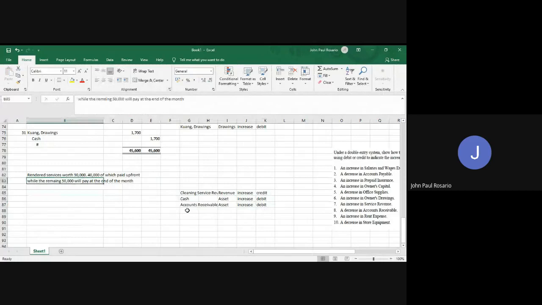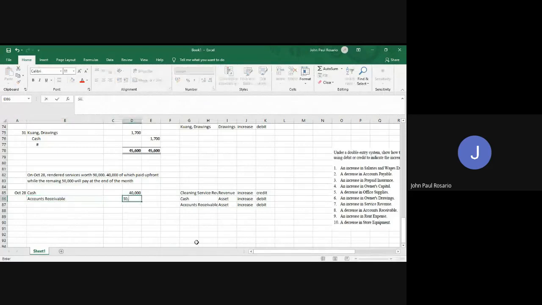Your entry, guys, happened on October 28. Assuming we have no other transactions, cash, how much was paid directly? 40,000. Okay, accounts receivable, 50,000. And then we credit cleaning service revenue, 90,000.